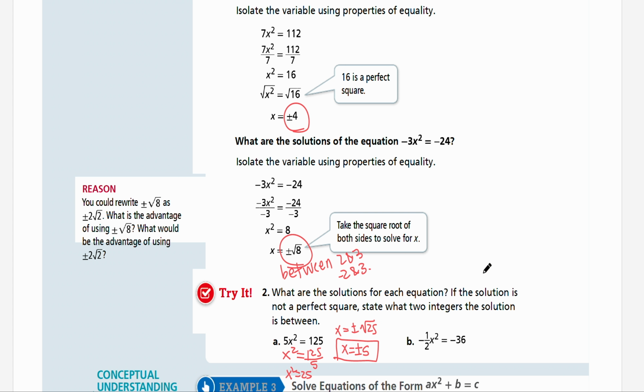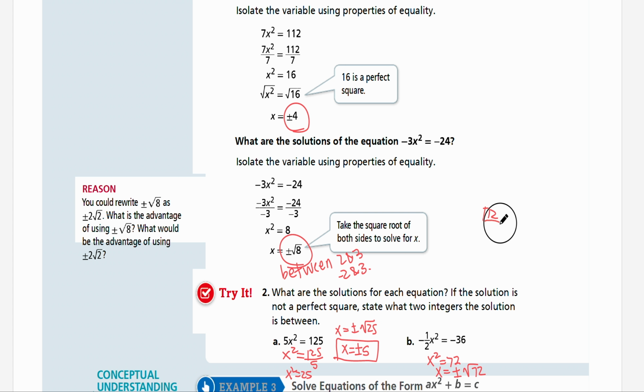Okay, part B, you're going to multiply by negative 2 on both sides, and you have x squared is equal to positive 72, right? And so if you square root both sides, you get plus or minus root 72.